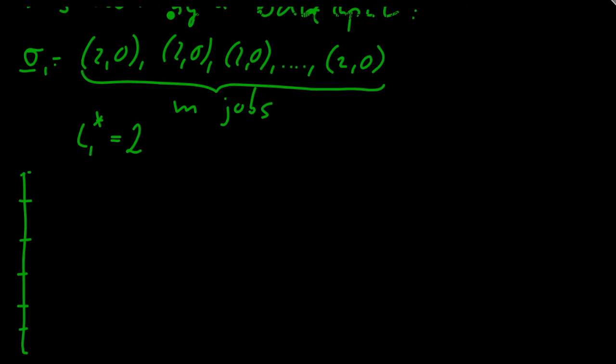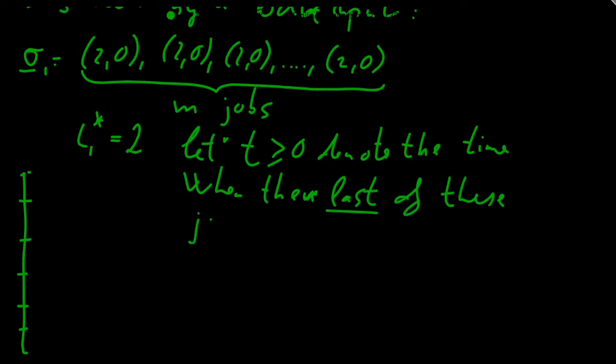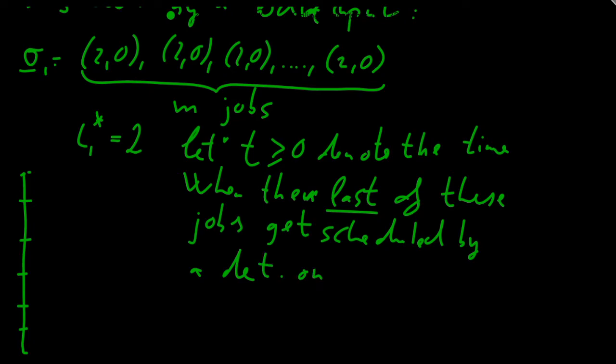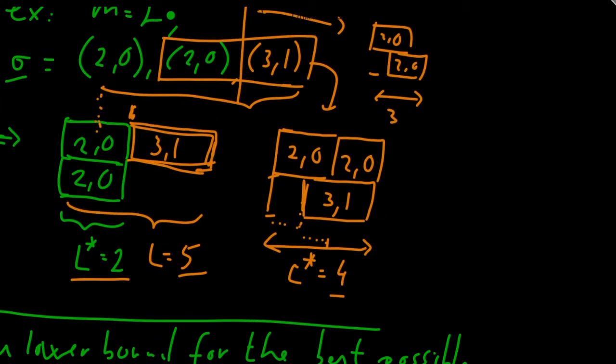Okay, so let t, which is at least 0, denote the time point, so the time when the last of these jobs gets scheduled by a deterministic online algorithm A. Okay, so for example, in the previous cases, here I'm just switching colors.